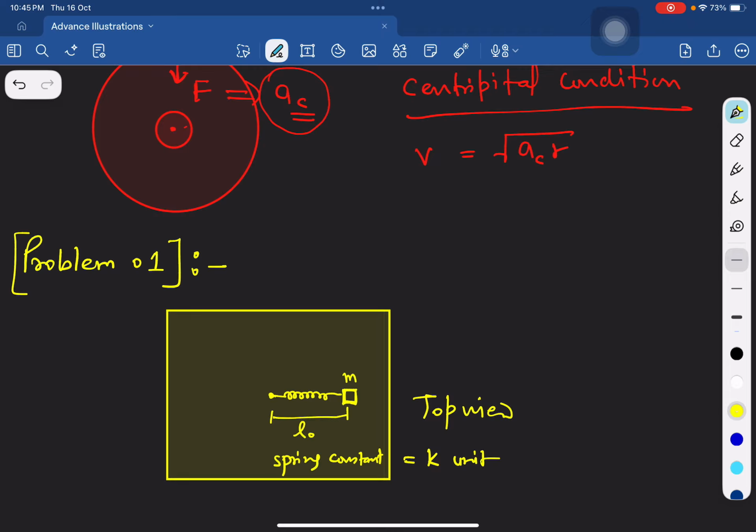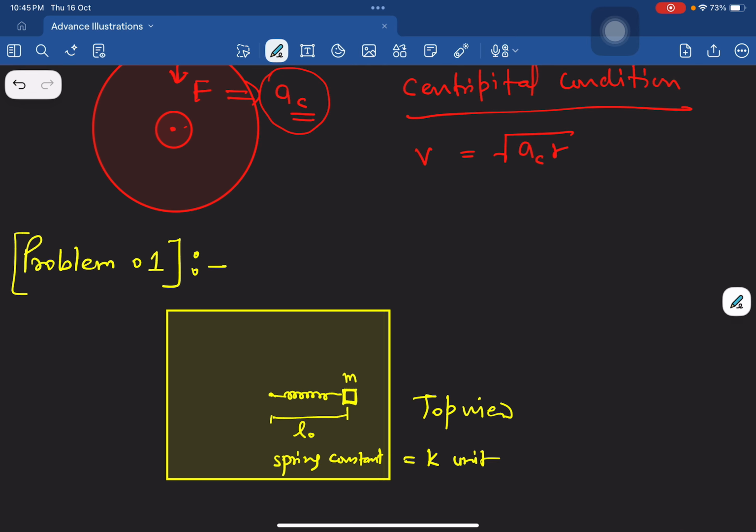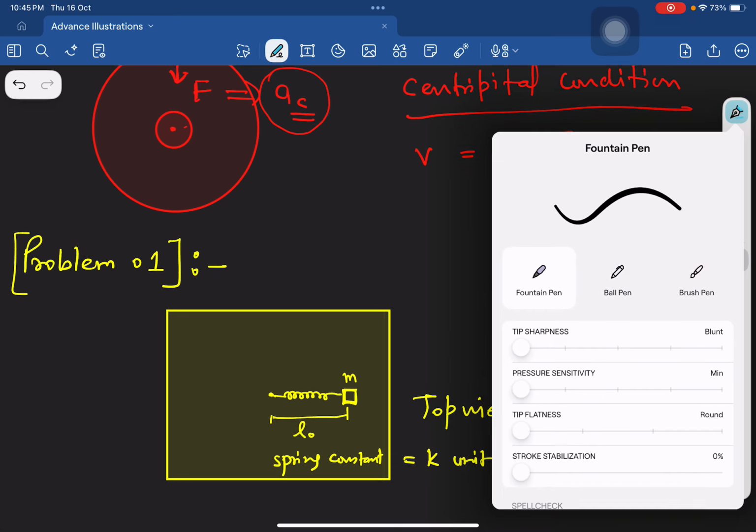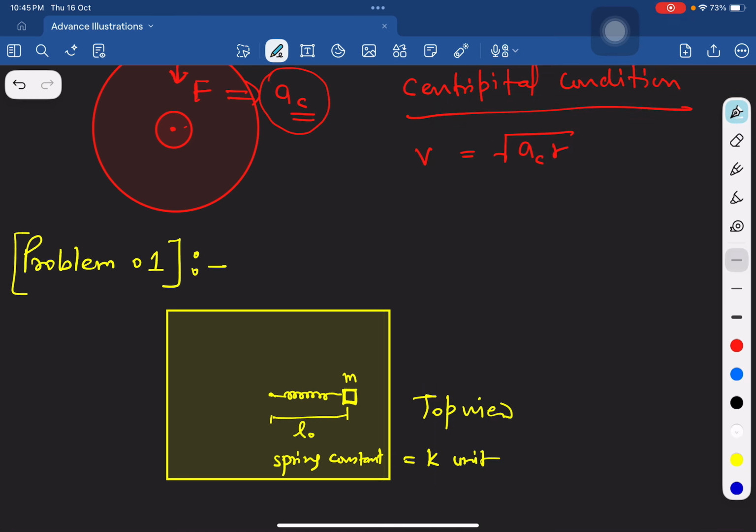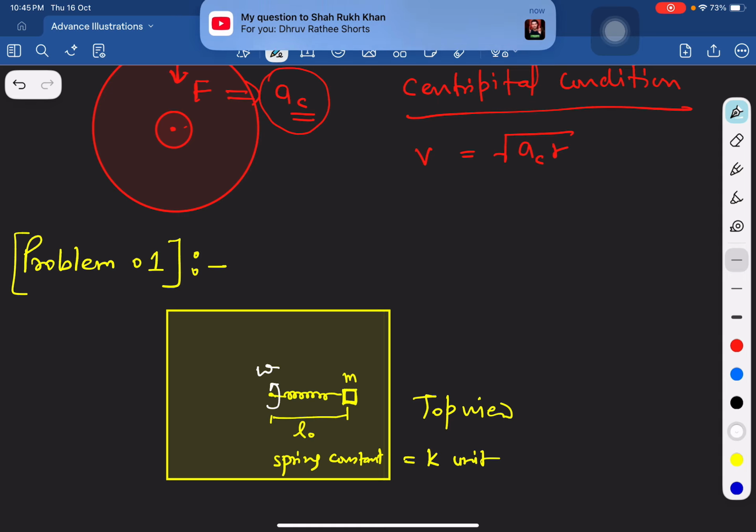Now it has been said that the spring has been given an angular velocity omega in the plane. The spring is now rotating in the plane only, with angular velocity omega.